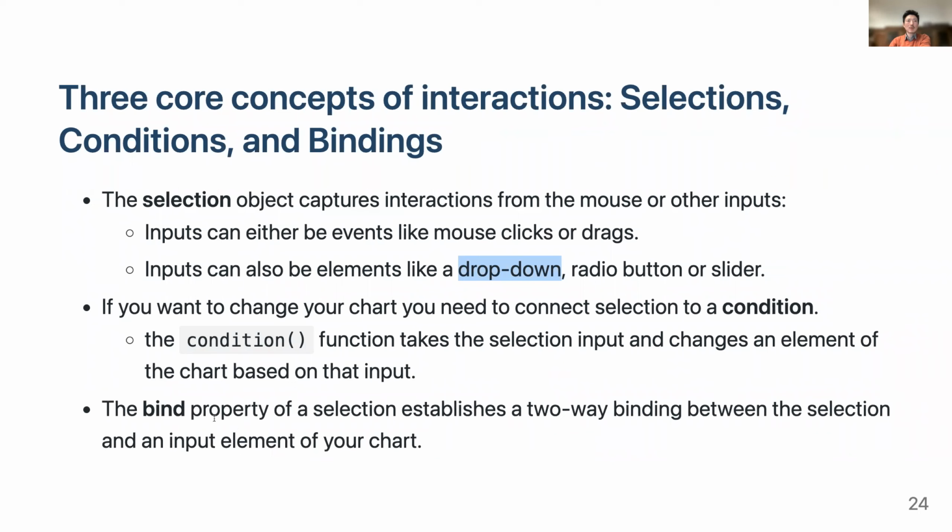Okay, and then finally the binding, which creates a two-way binding between the selections and the input element. So two-way means, if you change the input elements, for example you make a different selection in the drop-down menu, that would change the chart. But also, if you make any changes in the chart, it will also be reflected in the input elements.